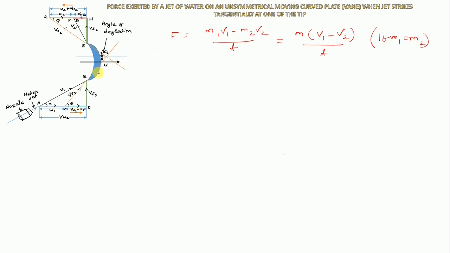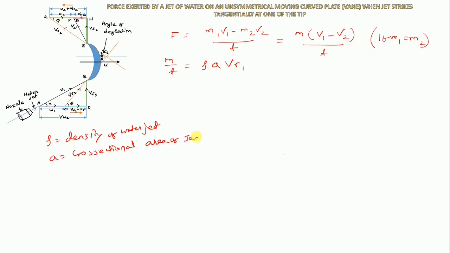So in this case m by t is rho a Vr1, where rho is the density of the water jet, a is the cross-sectional area of the jet, and Vr1, as you already know, is the relative velocity of the jet with respect to the velocity of the vane.